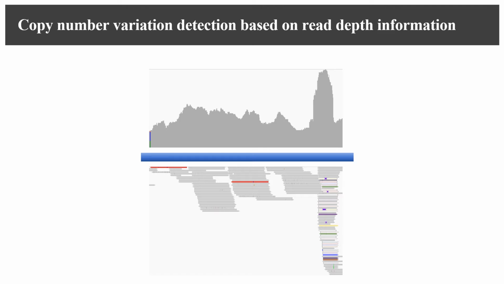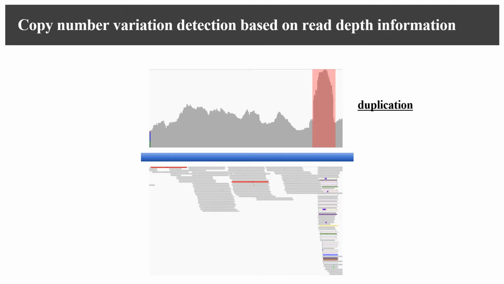If we use read depth information from sequence alignment data, we can analyze the increase or decrease in sequencing depth compared to other genomic segments by comparing differences in depth of sequencing reads, so that we can determine redundancies or defects of genomic segments. These redundancies and defects tell us copy number variations.